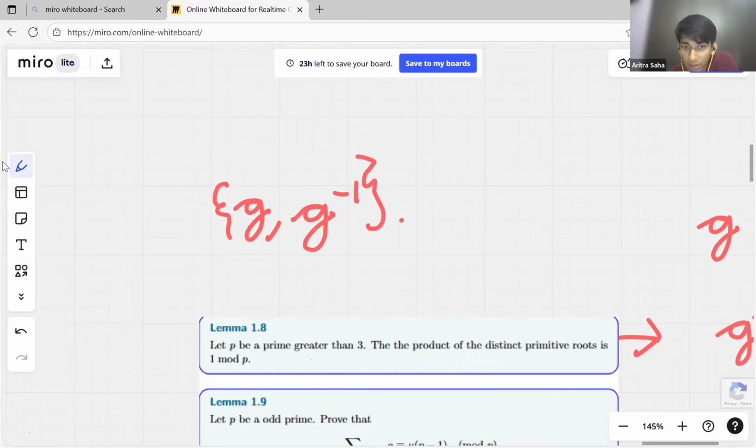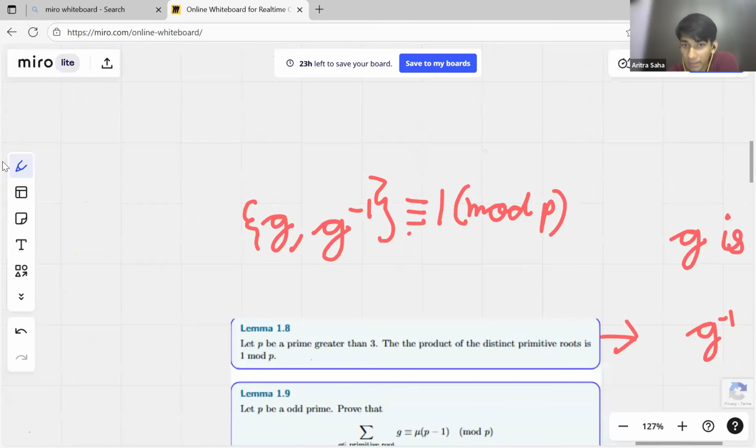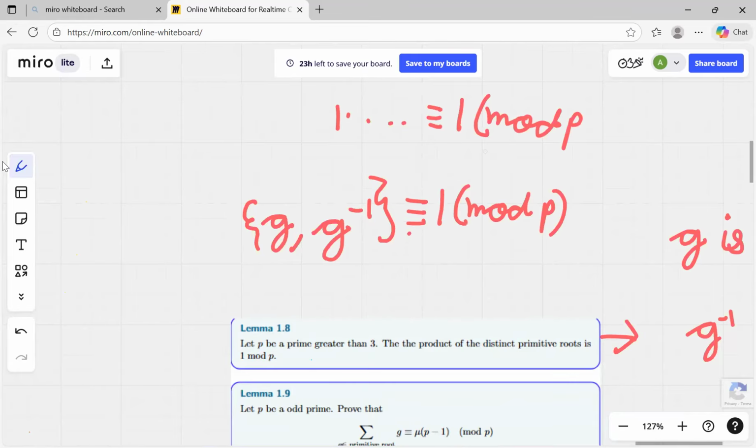If we multiply all the G and G inverses, G and G inverse gives 1 mod P. If we take all those pairs of primitive roots and their inverses, because all of them are primitive roots, and we multiply them in this order, then we just get a bunch of ones, which totally gives 1 mod P. But why doesn't this work for P equals 3? I think maybe because G equals G inverse.